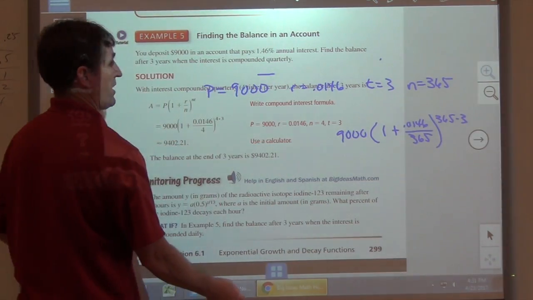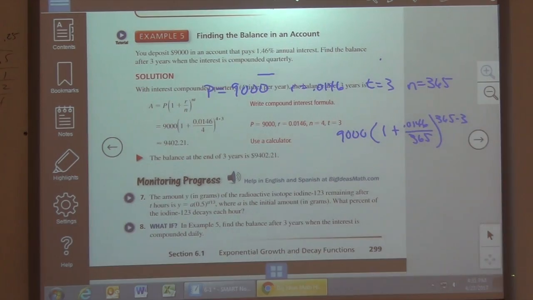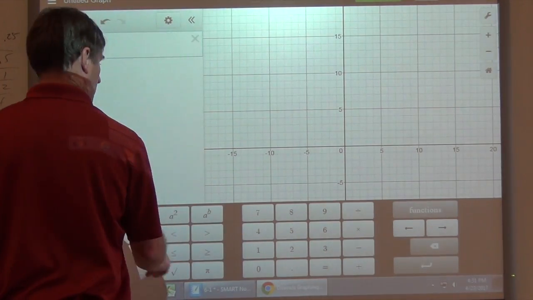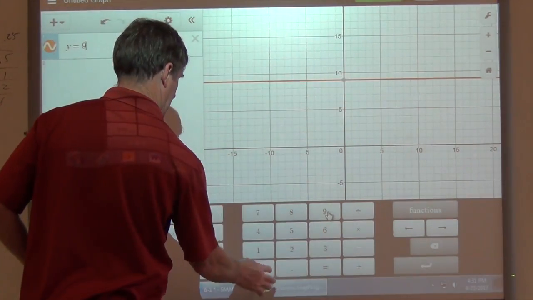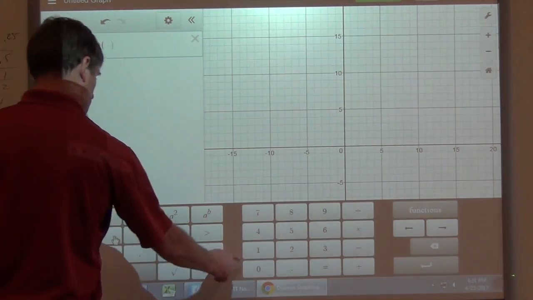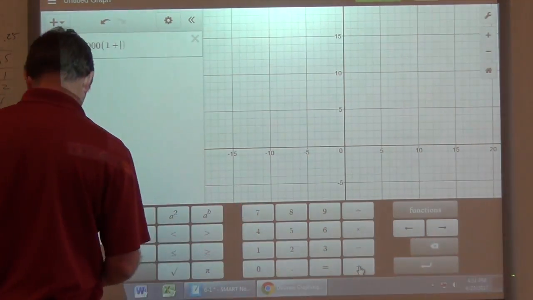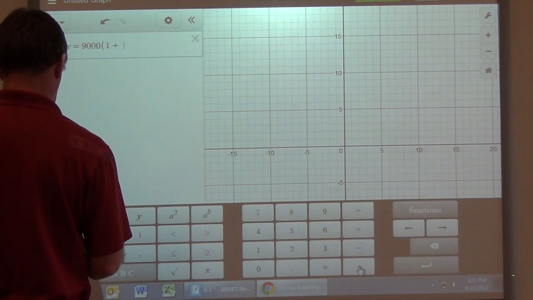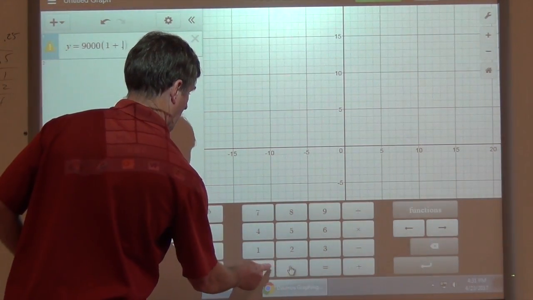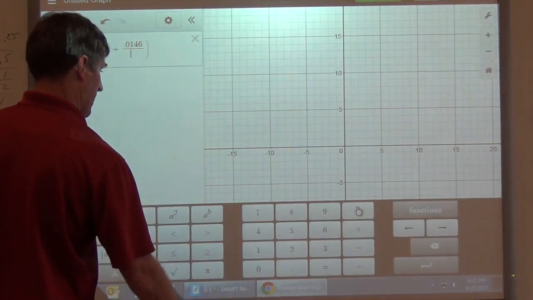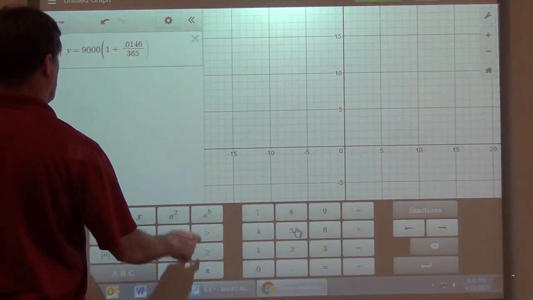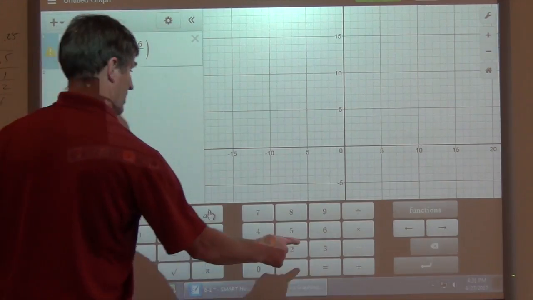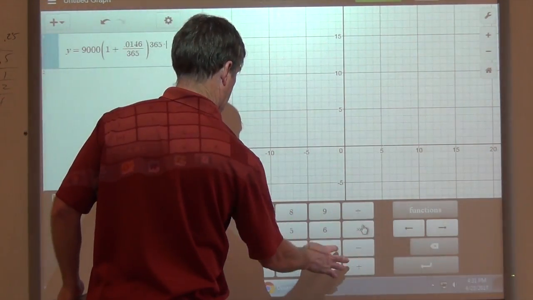So if we put that in the calculator, 9,000 times 1 plus 0.0146 divided by 365, and then 365 times 3.